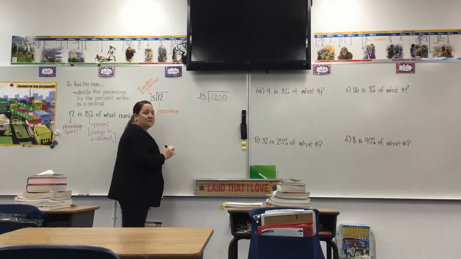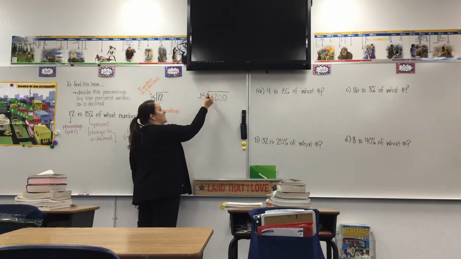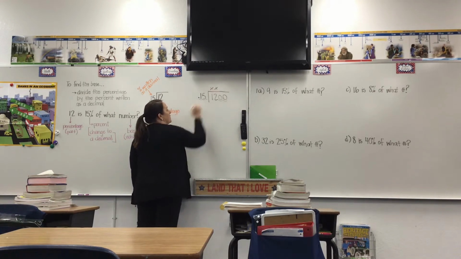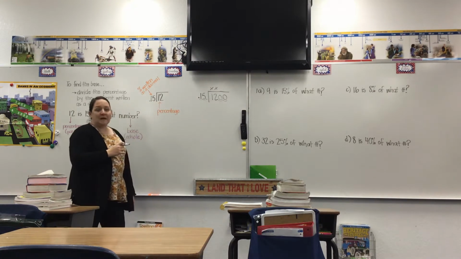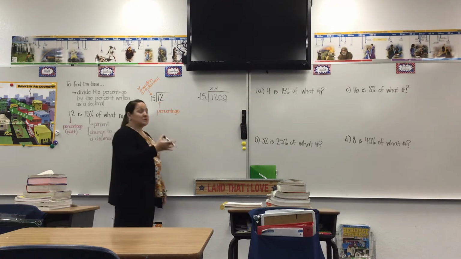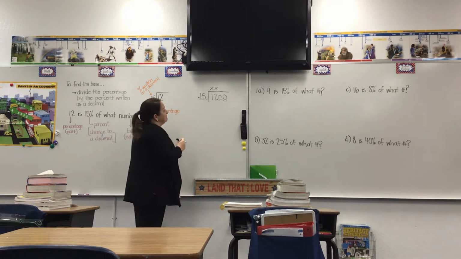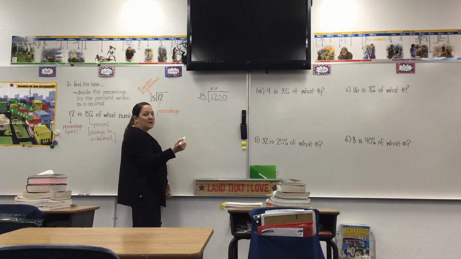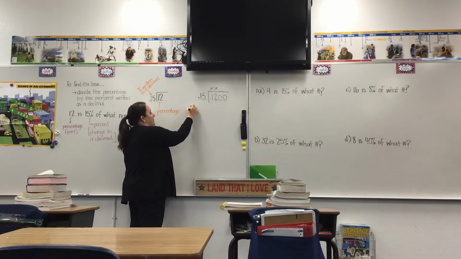1200 divided by 15. 15 into 1? Nope. 15 into 12? Nope. So about how many times does 15 go into 120? Well, I'm going to try over here and I'm going to think 8. Let's see. 15 times 8. 8 times 5 is 40.